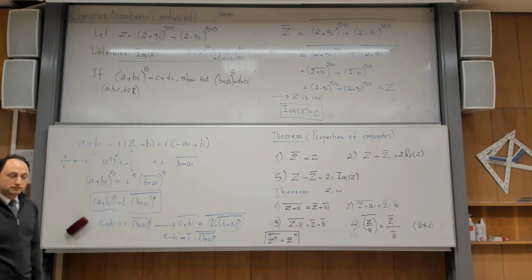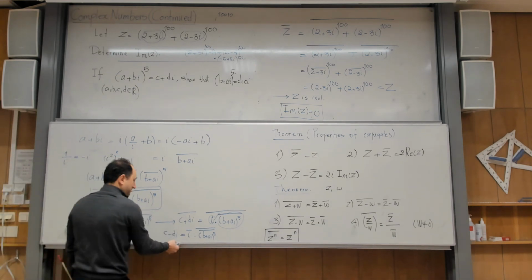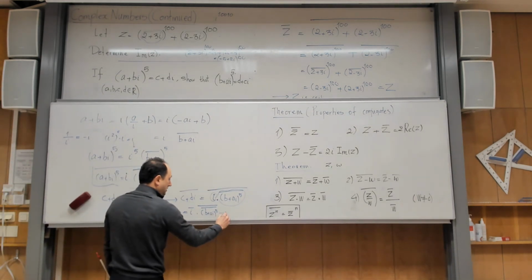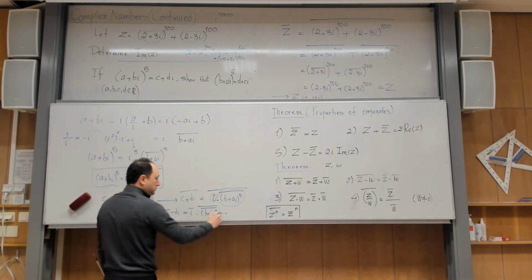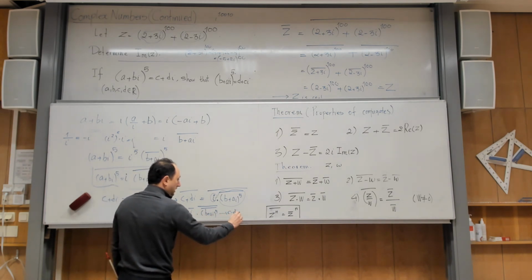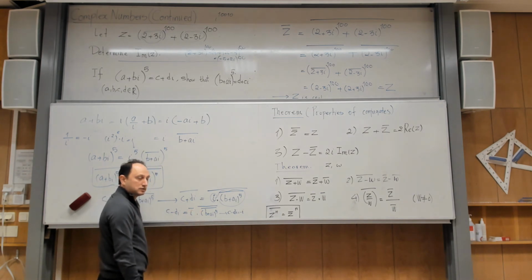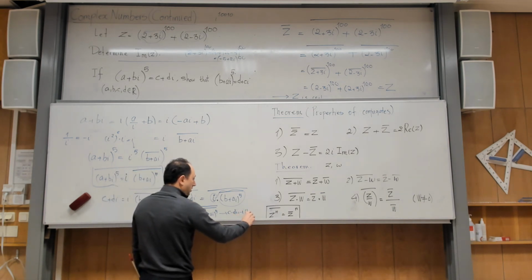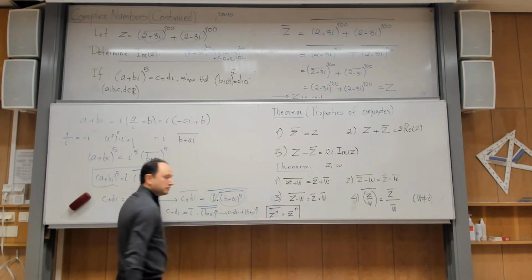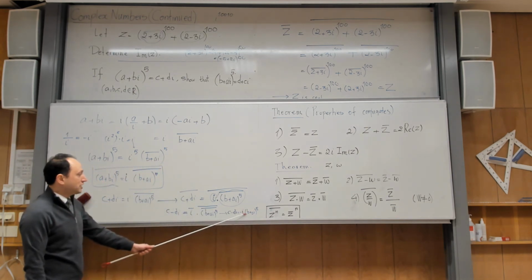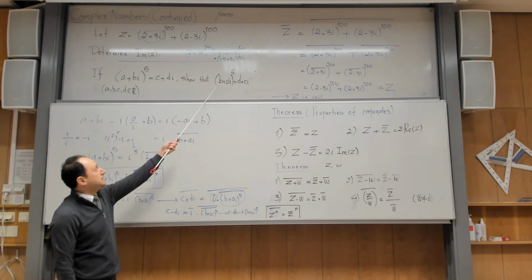Yes or no? But what is I bar? What is I bar? Minus I. So this becomes C minus DI is minus I. But these double bars are cancelled. So this becomes (B plus AI)^5. So far so good, because I have this combination that I need.